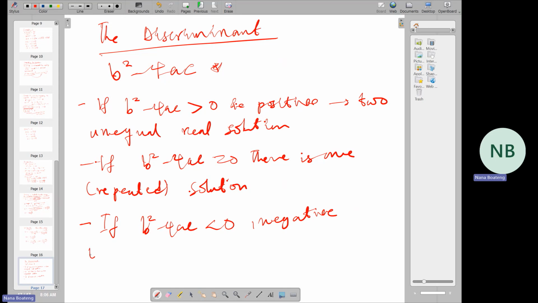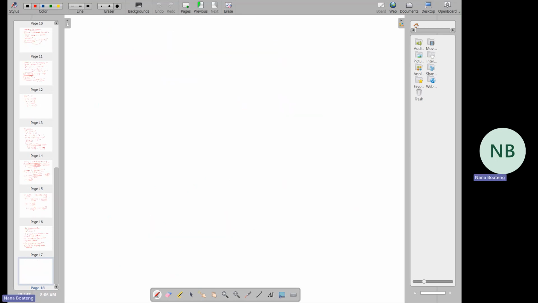Then there are two imaginary or complex solutions.